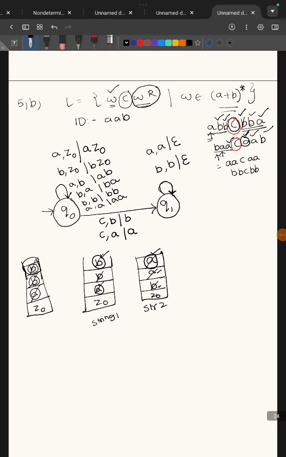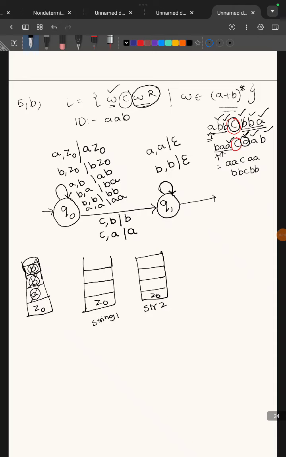Now what is the remaining thing that is present in your stack? It is just the Z0, okay. Remaining all are popped, right. We have popped all the symbols present inside your stack, okay. So Z0 is the top of the stack you are having. Here also your input string is done.